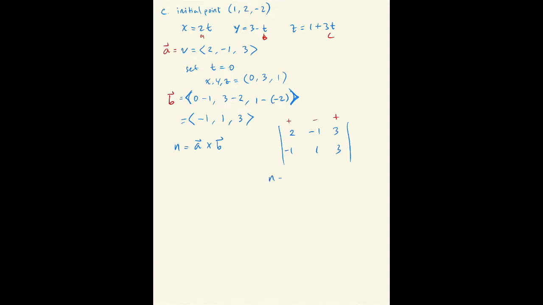So the normal vector will be negative 3, negative 3, negative 6, and so on. So I get my normal vector.